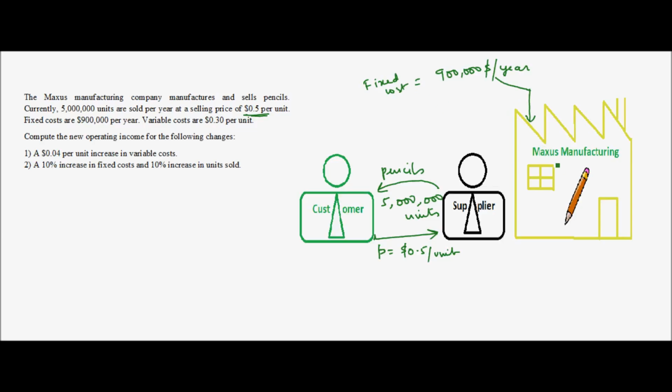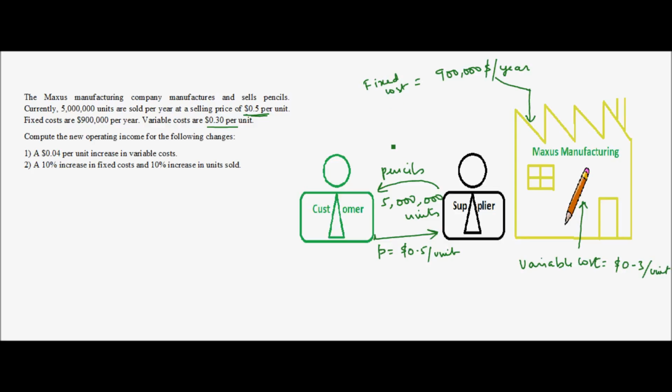And in order to manufacture these pencils, Maxus Manufacturing has to buy raw material, has to hire labor, and so on. So for each pencil, the cost, which is also known as the variable cost, is $0.3. So $0.3 per unit.